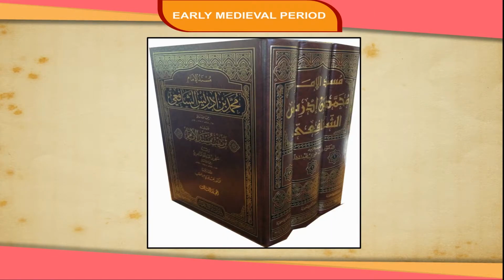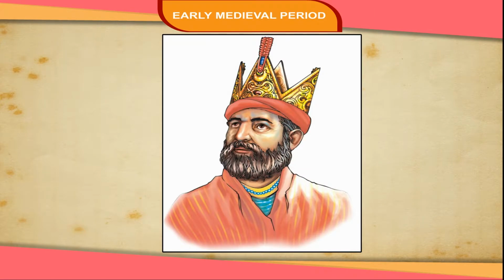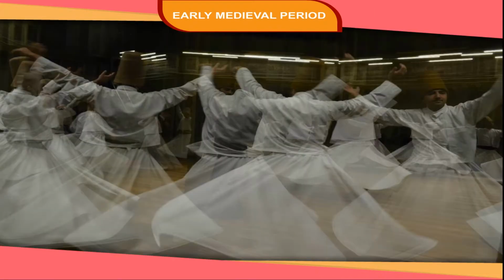Firdausi wrote Shahnama, the biography of Mehmood. Al-Biruni wrote Tehqeeq-e-Hind, in which he extensively wrote about his thoughts and ideas about Indian people. After Mehmood's death, his successors showed no interest in India. However, many Muslim leaders and religious saints called Sufis settled down in India.